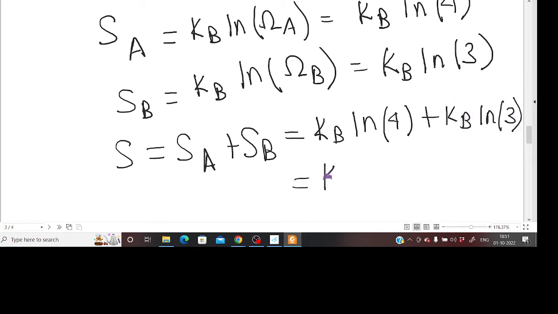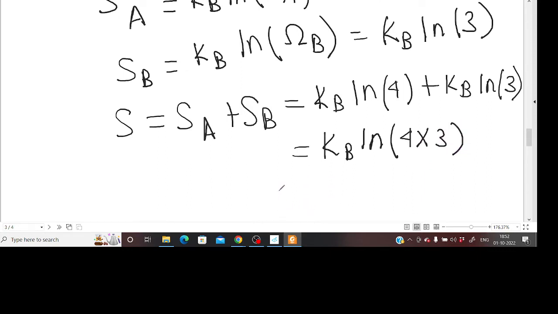So we have S equal to kb into log 4 plus log 3. Log 4 plus log 3 can be written as log of 4 into 3, just using the property of the logarithm function.